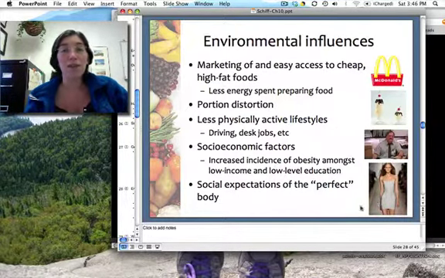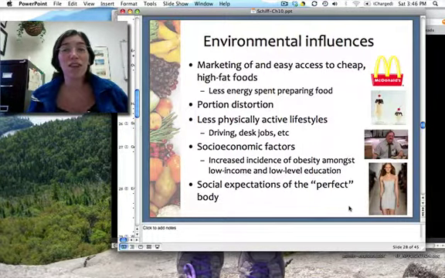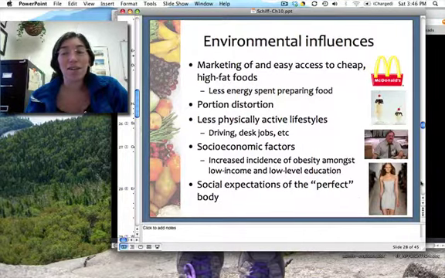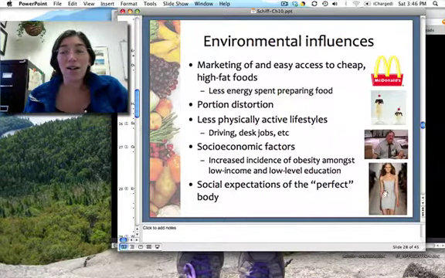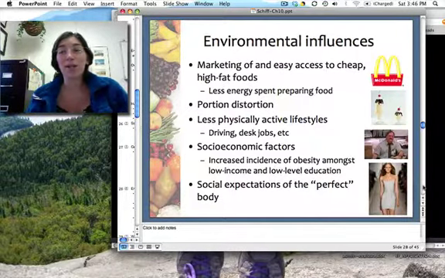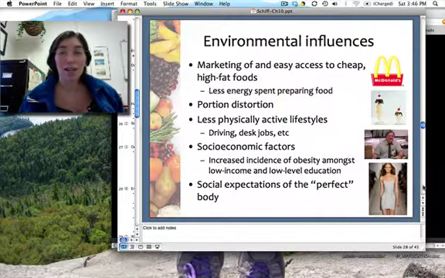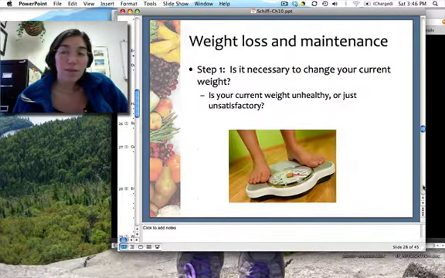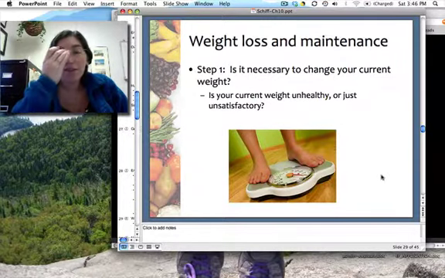We value, at least for females, very thin, slender physiques, and a lot of girls strive for that, and we see these images in magazines. Everyone wants to lose weight and be slender for aesthetics, to look pretty. So that is an environmental factor that influences our weight.